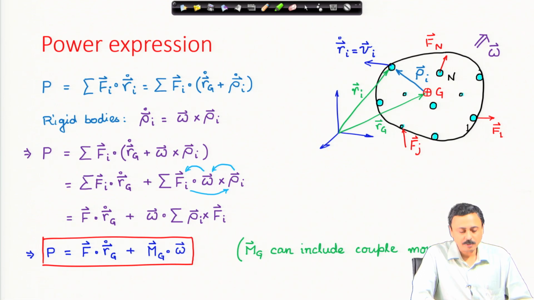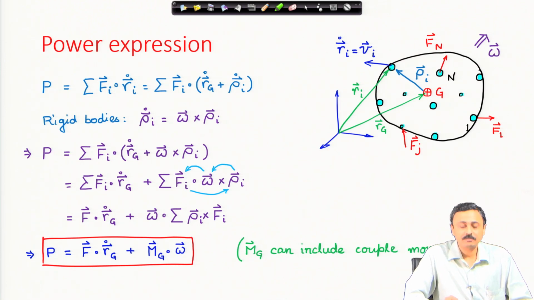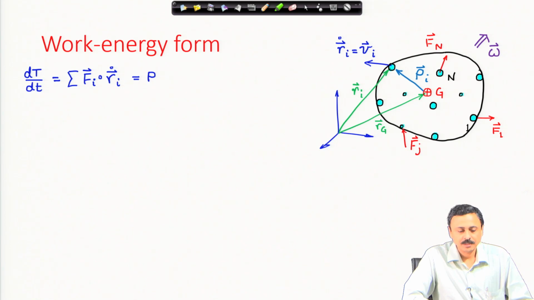Therefore, the net power is equal to net force dot velocity of center of mass plus net moment about the center of mass dot omega, and this moment can include couple moments as well. So, that is the power expression, and our work energy relation turns out to be rate of change of kinetic energy is equal to the power.